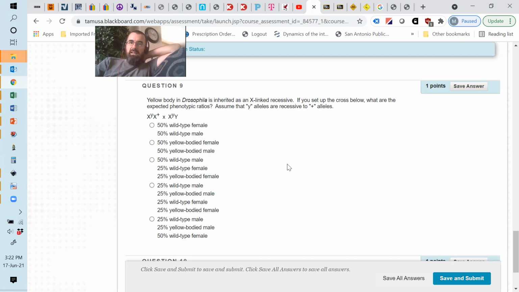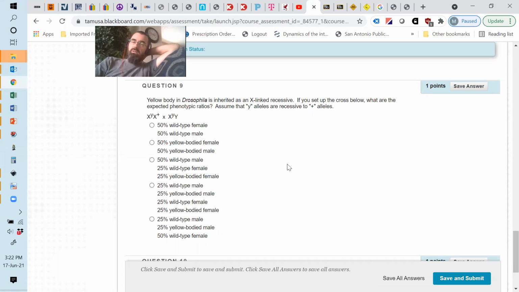So you have a cross between, so the X's there and the large Y's represent the sex chromosomes. The one on the left, the XX, is female, and the one on the right, XY, is male. Part of this is just genetic nomenclature, and we'll cover this in much more depth when we get into the fly linkage lab next week.